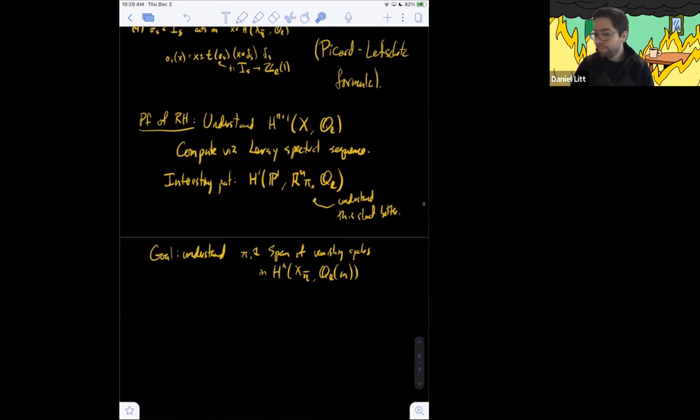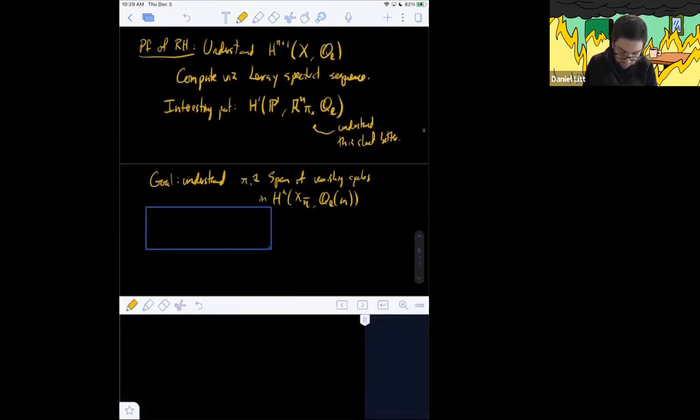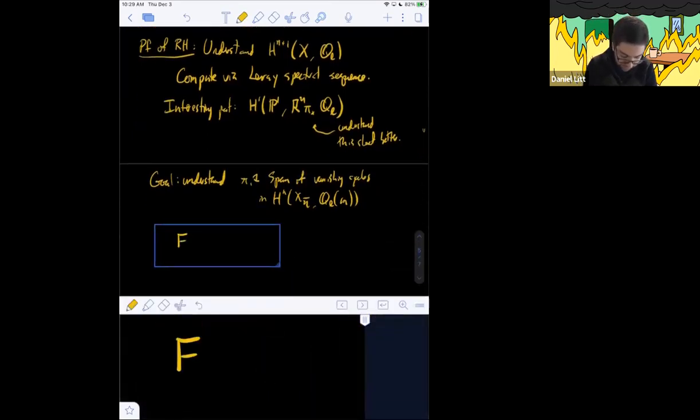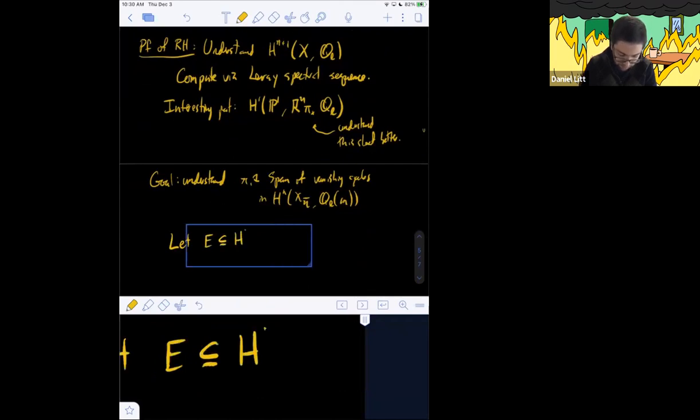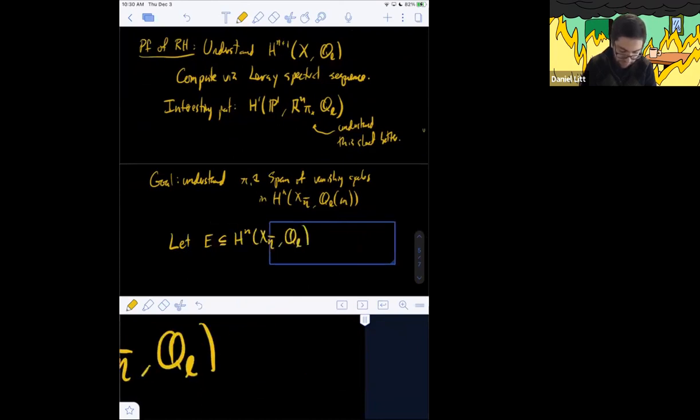So I'm going to let E, a subset of Hn x eta bar QL, be the span of the vanishing cycles.